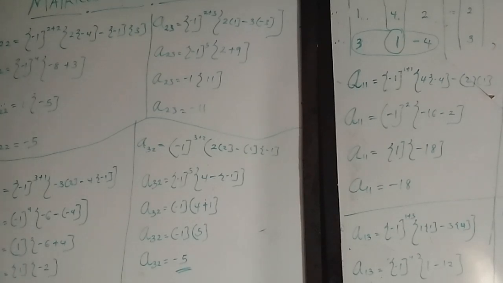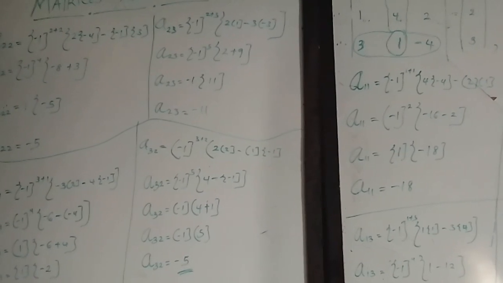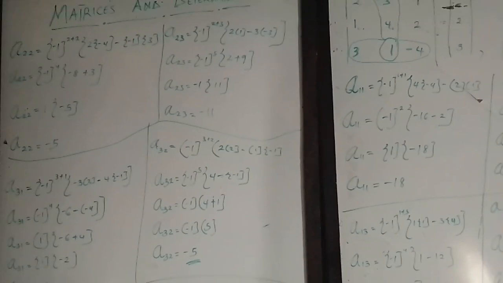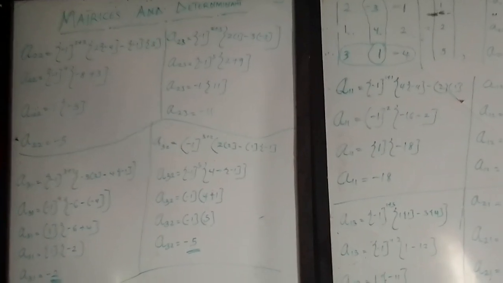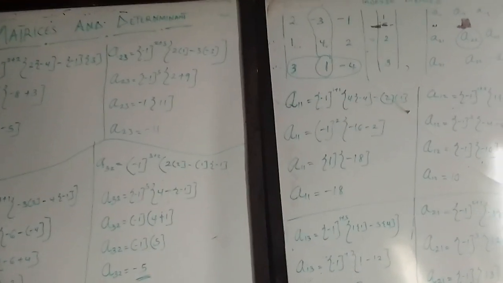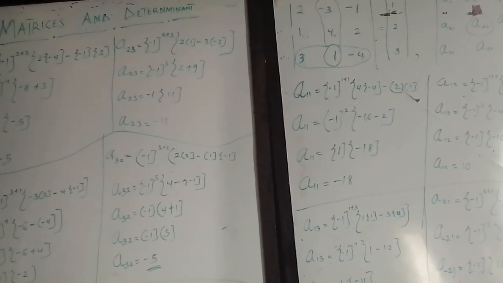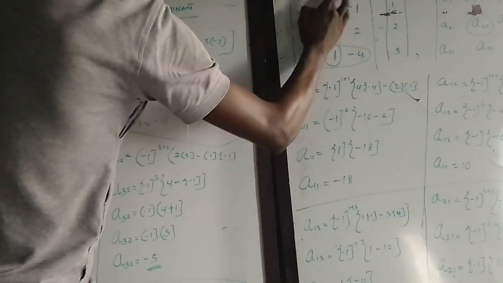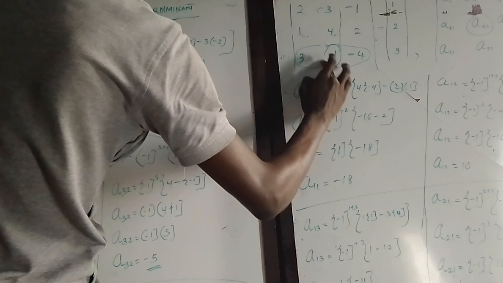So let's move forward. So A33. Let's move forward to A33. Before we move forward to A33, let's check how to get A33 in the question above, in this matrix form. Let's check.